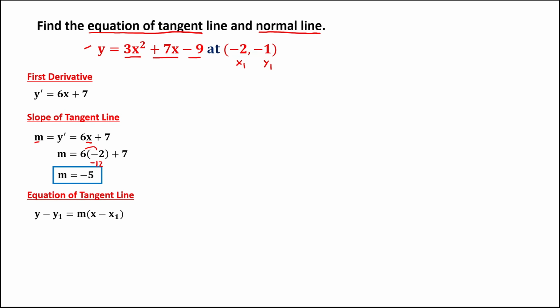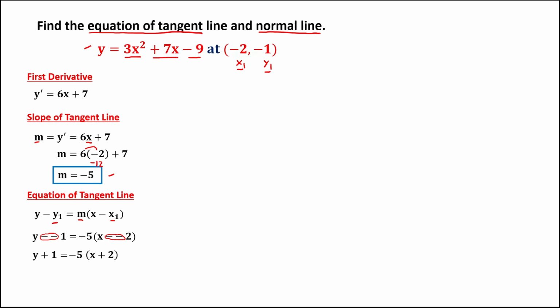So y minus y sub 1, and y sub 1 is equal to negative 1, equals the slope, negative 5, times x minus x sub 1, and x sub 1 is equal to negative 2. Then to simplify, this double negative becomes positive, and also this double negative becomes positive.